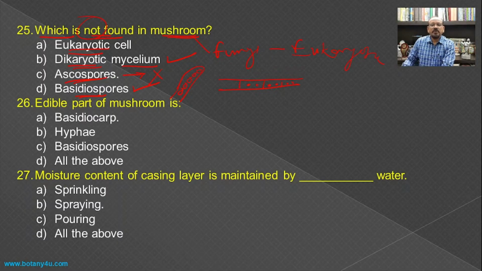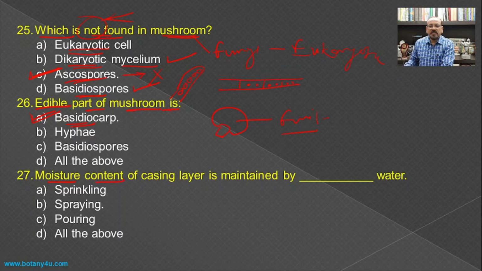It means that not found in the mushrooms, that they are not producing the ascospores. Edible part of the mushroom is what we are using. So it means that it is the fruiting body that we are using as an edible part of the mushroom, and that is nothing but the basidiocarp, and hence A will be the correct answer for this question.